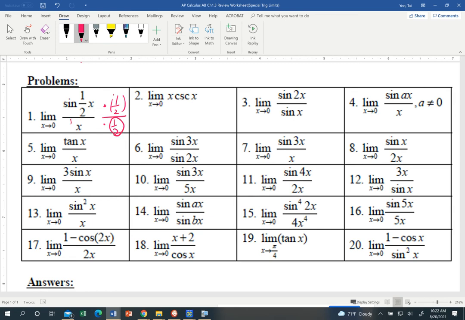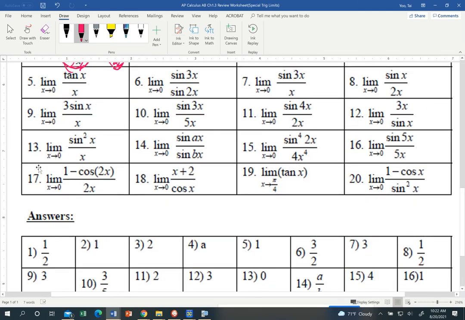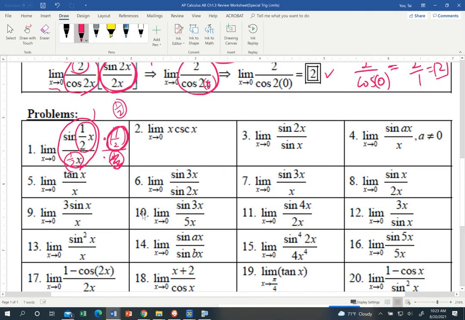In front of it right here. And this one goes away because you put it in the front, but this one doesn't go away. This one stays. So are they matching now? 1/2 x and 1/2 x. If they're matching, what is this whole thing equal to? 1, and we still have that extra 1/2, so your answer is 1/2. And check underneath. 1/2. There it is. You see that? Okay.